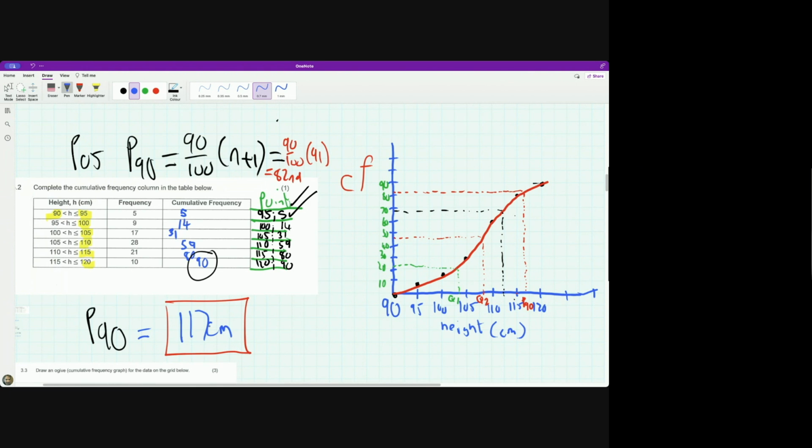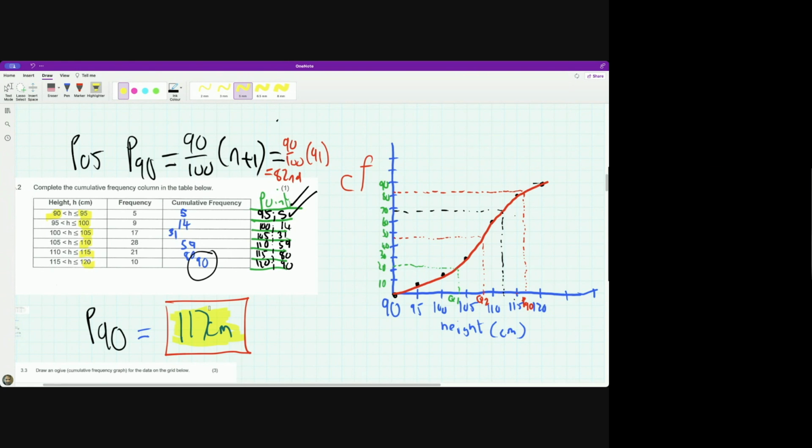Okay, last question of the day. I want to know how many students are taller than 117 centimeters. So this data table describes the height of the students in the class. Using the ogive graph, how many students are taller than 117 centimeters, approximately?